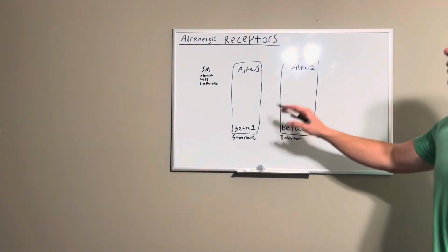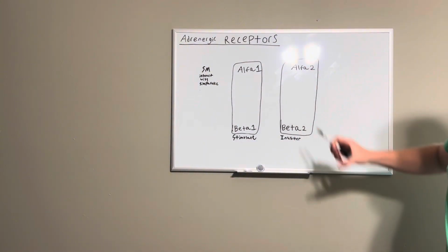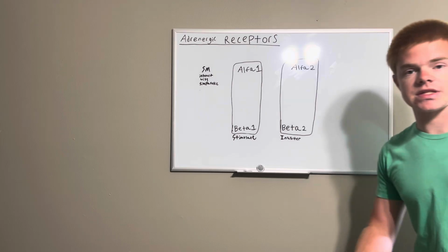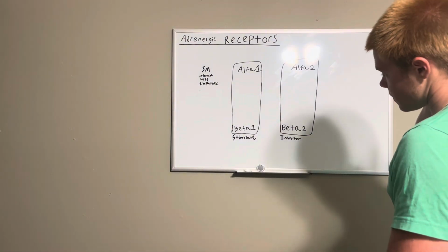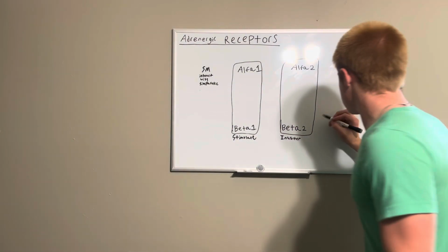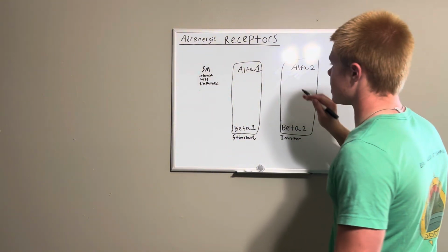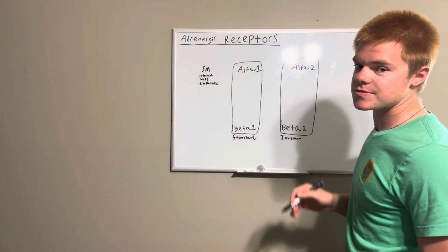Like I said, alpha 1 is found in all smooth muscle that interacts with the sympathetic nervous system, and vice versa. And beta 2, same thing, found in the same place as the alpha 1 receptors in that smooth muscle.